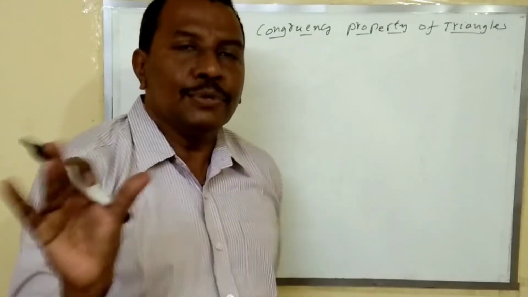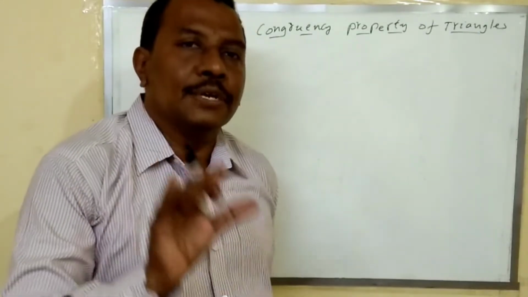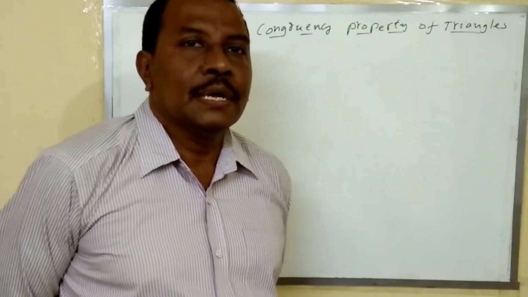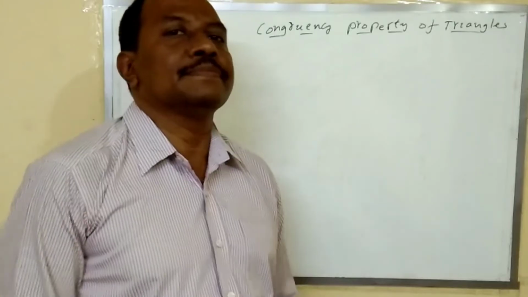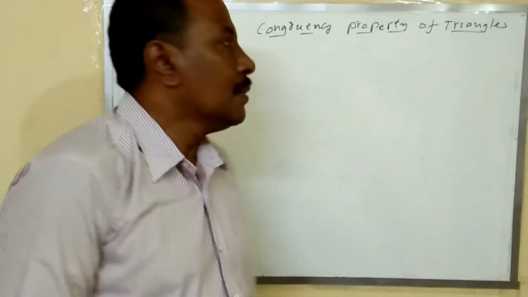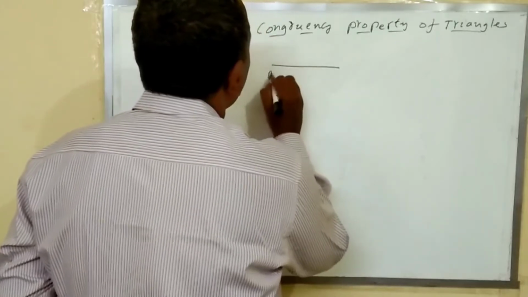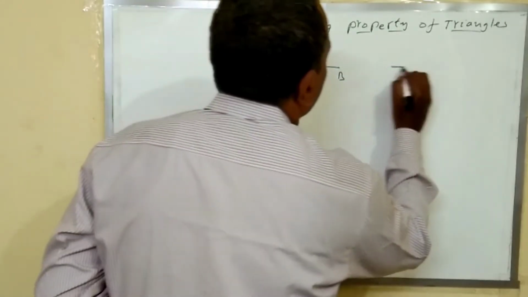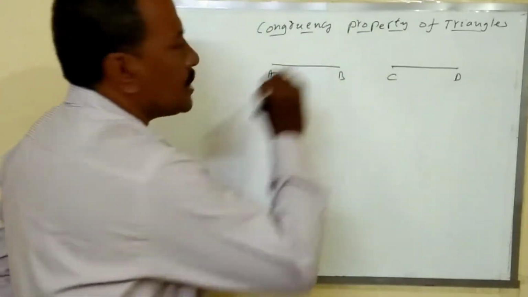If you take any two geometrical figures, they are said to be congruent if they maintain the same shape, the same size. For example, if you take any two line segments, AB and another line segment CD, their shape is straight.